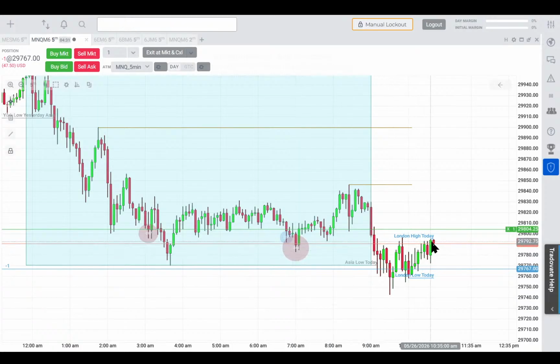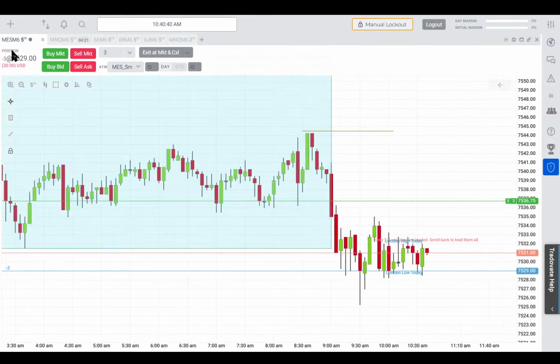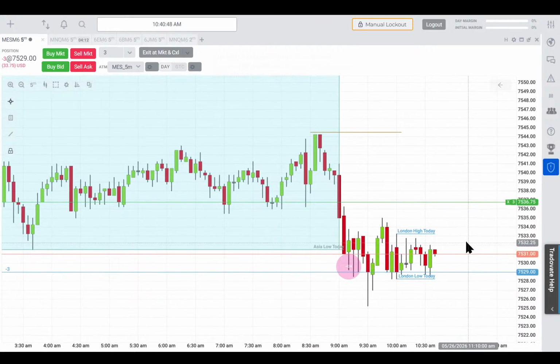NQ has changed direction from the double level to look for longs, but there's no gaps, no power, so we don't do anything with it. And MES also. Gap. No power. Yeah, MES has also actually done that. No conviction on the long setup.